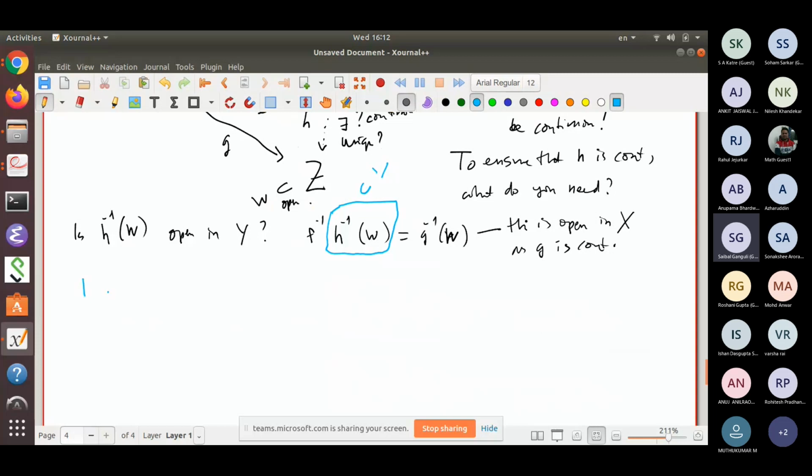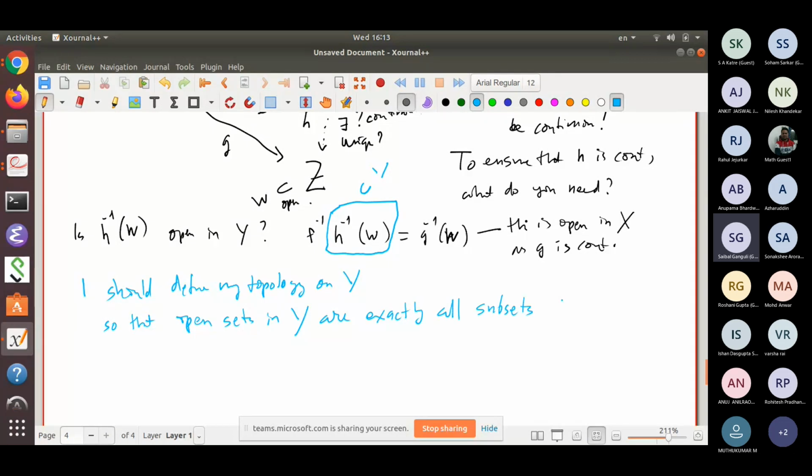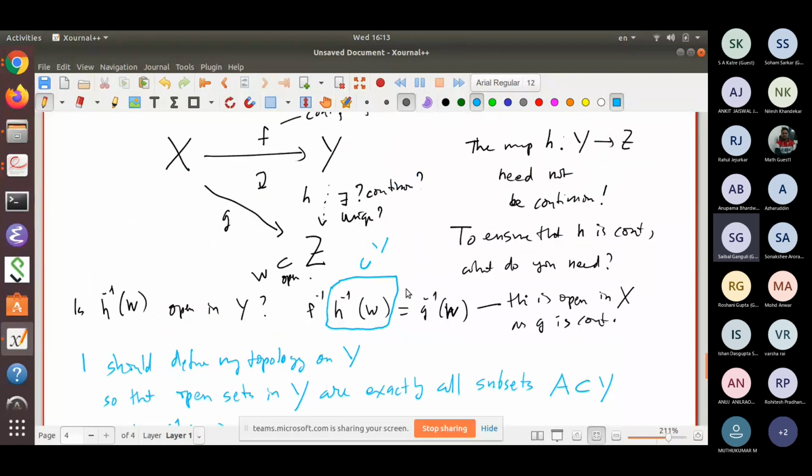So I should define my topology on Y so that open sets in Y are exactly all subsets A of Y such that F inverse of A is open in X. And so if I do that, then this set, its inverse image under F is G inverse W, which is open because G is continuous, then this is an open set.